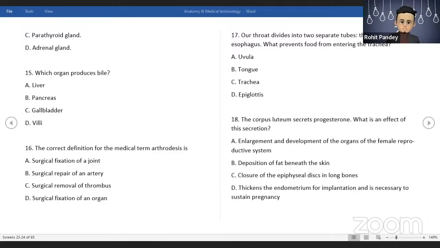It sits in its own little chamber under your brain, known as the sella turcica. It's a part of your endocrine system and is in charge of making several essential hormones.